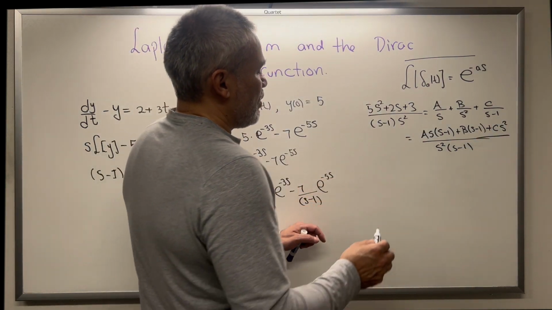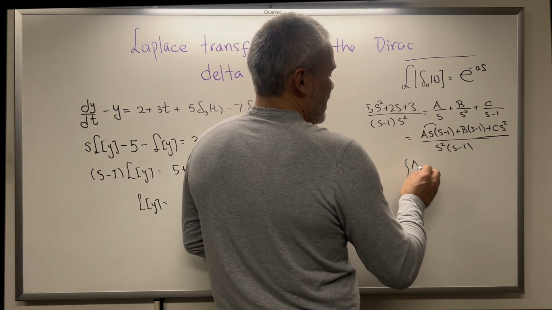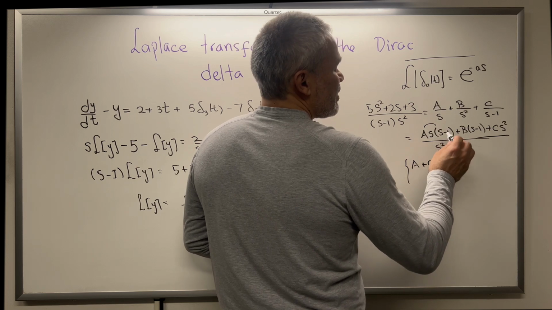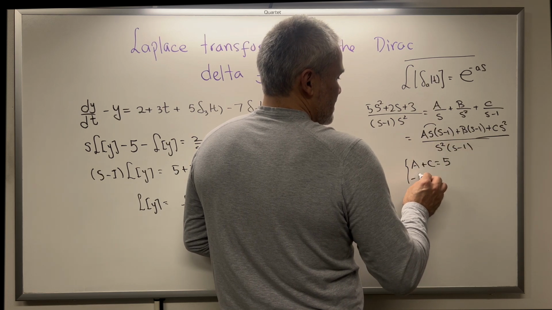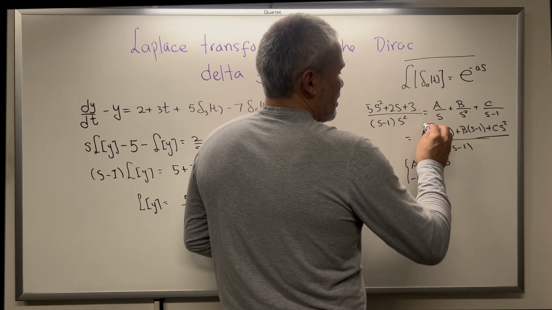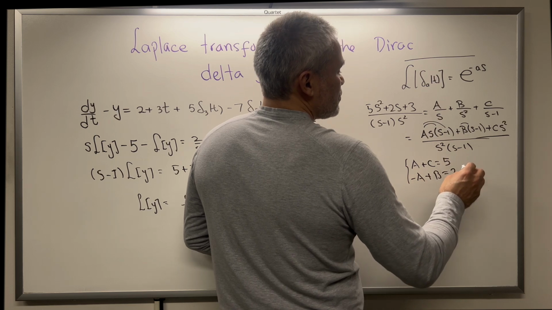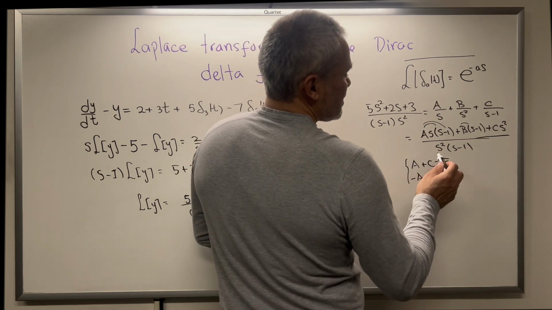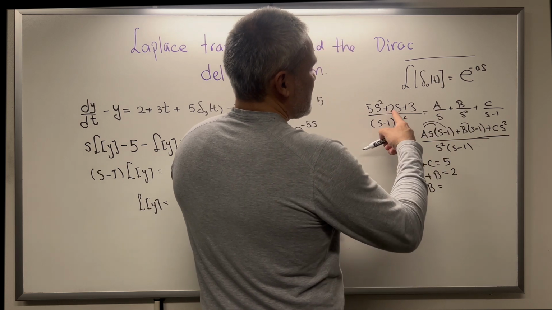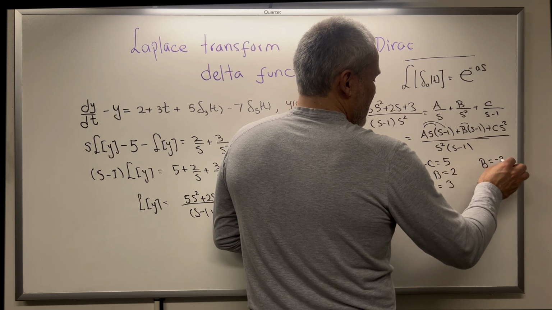Then when we compare the coefficients, we get that the coefficient of s squared would be a plus c, and we want this to be 5. The coefficient of s is negative a plus b, and this should be equal to 2, and the constant coefficient is negative b, and we want this to be equal to 3. Then b must be negative 3.